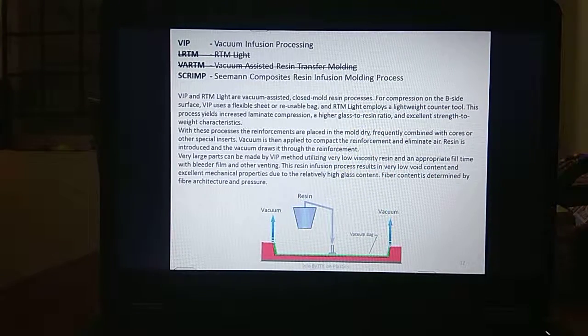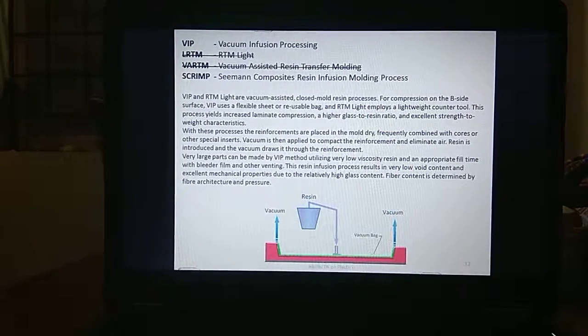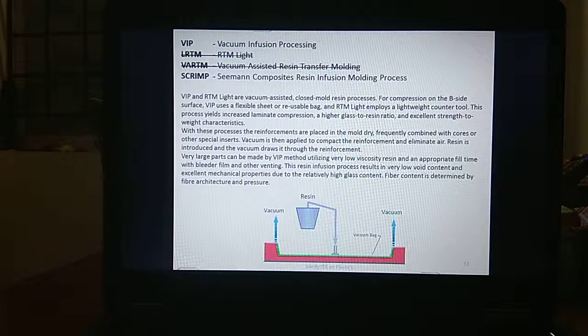This process yields increased lamination compression, a high glass to resin ratio, and excellent strength to weight characteristics, almost similar to the RTM process. The reinforcements are placed in the mold dry, same as in RTM, frequently combined with cores and some other special inserts.